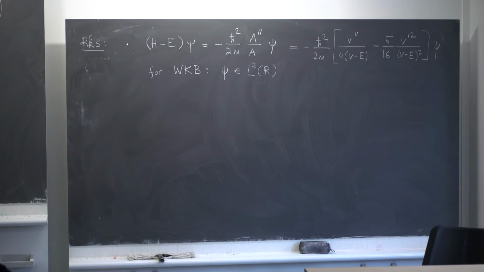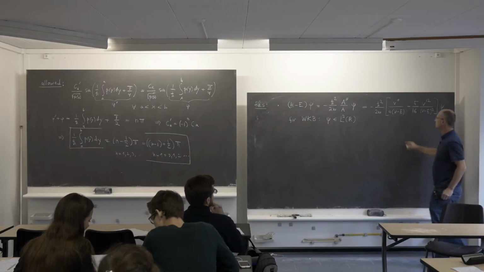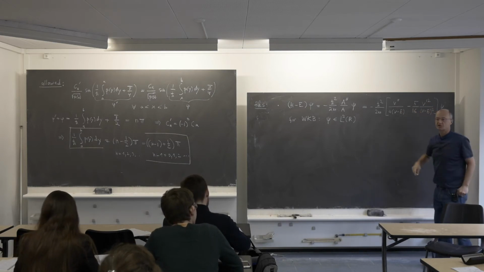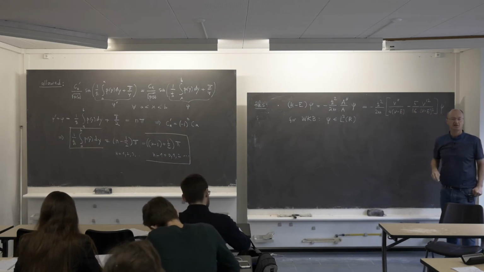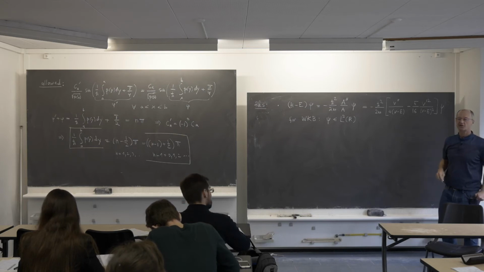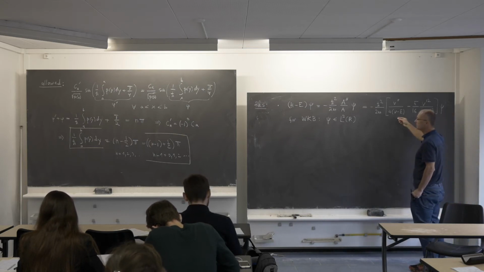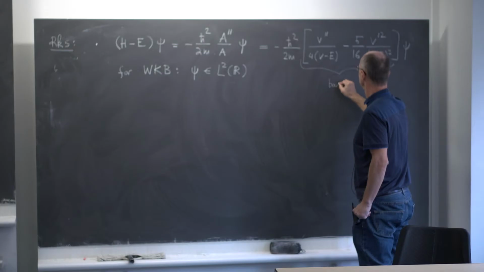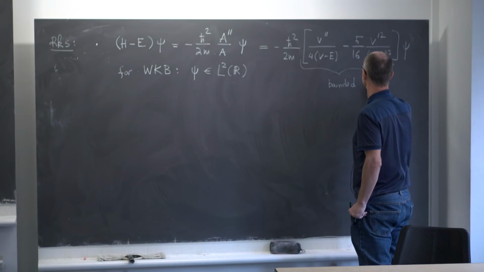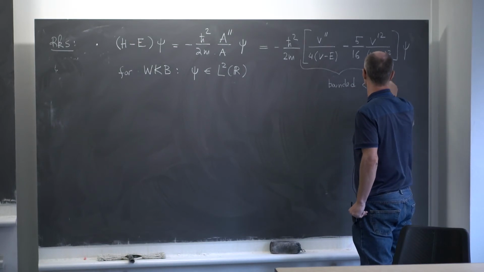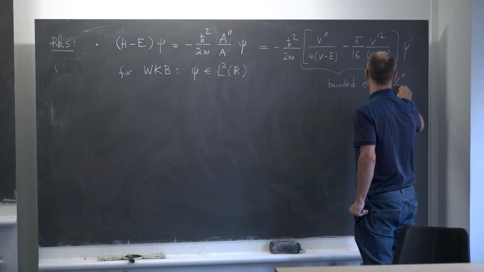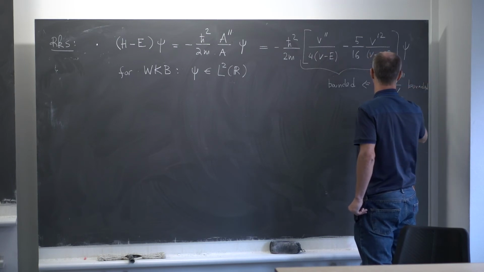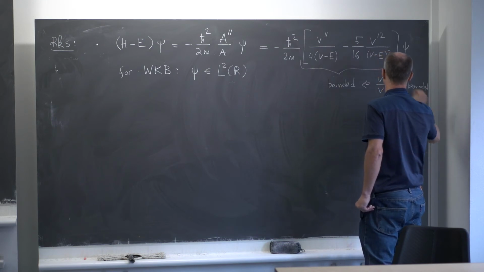So why is it good? Recall that we assumed that V prime over V and V double prime over V were bounded. There was that funny kind of assumption which was not that motivated. But now it is well motivated because this thing is bounded, since V prime over V and V double prime over V are bounded for x large.